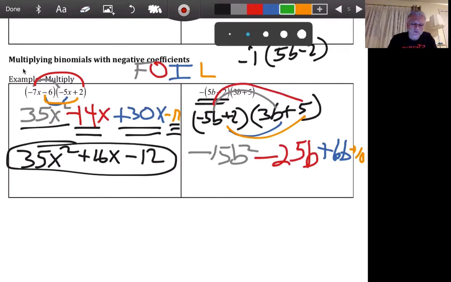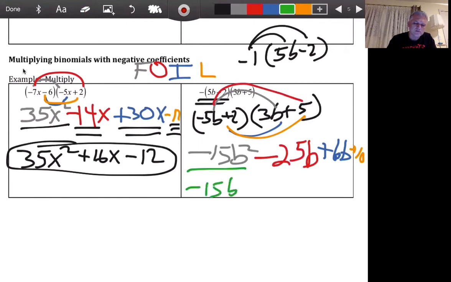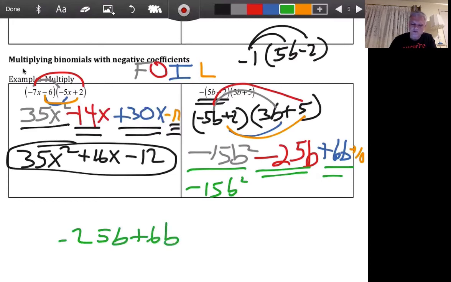So now we finish by combining like terms. Okay, negative 15b squared does not have any like terms. Surprise, surprise. Our two middle terms, negative 25b and plus 6b, are like terms. So negative 25 plus 6 gives you minus 19. Don't forget your b.